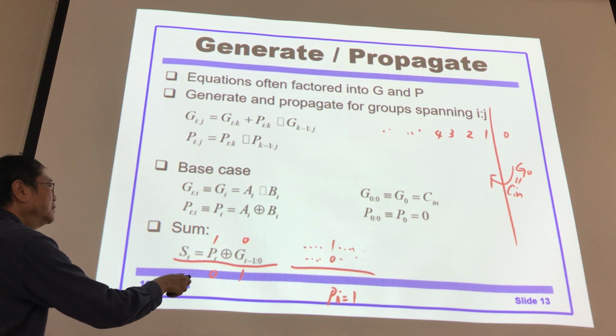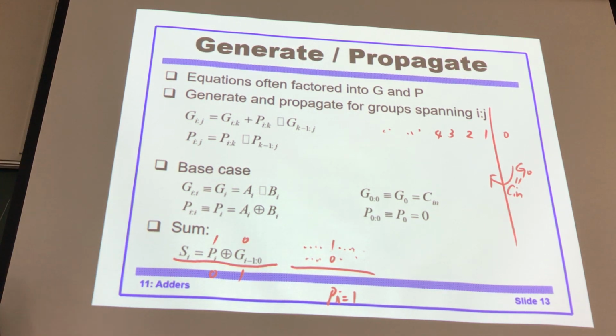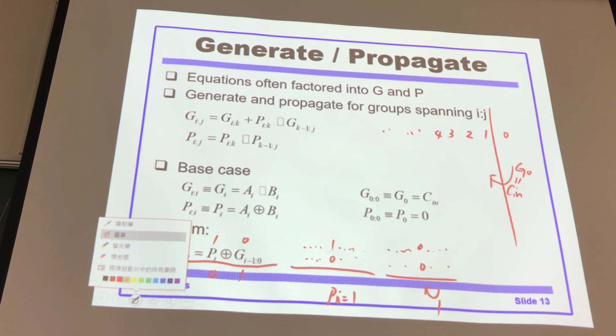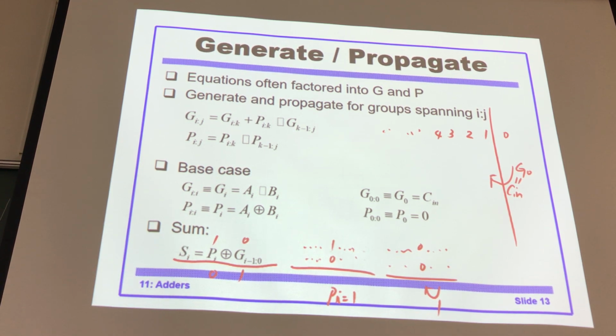Or you get 0, 0, but there's a carry in 1. Then you get 1 in the sum bit. 那么你的和你的 sum will get 1.